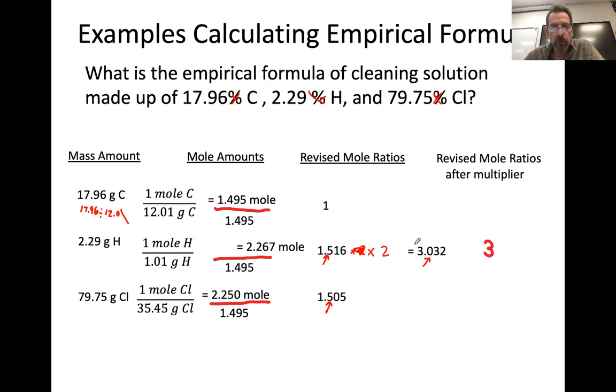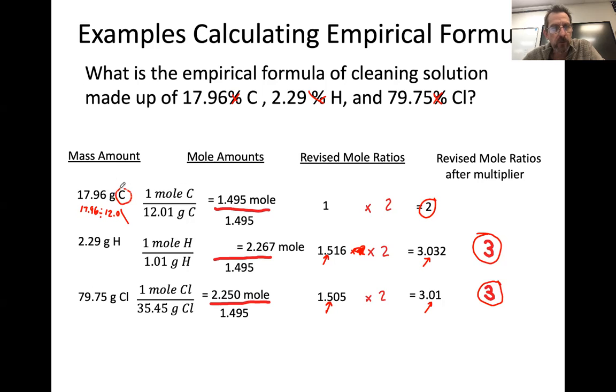1.505. Right? If I multiplied this one by 2, then all the other ones are going to need to be multiplied by 2. So the one on the bottom, I multiply by 2. I get, oh, that's within 1/10. We'll accept that as the value 3. And then the top one, I'm going to have to multiply by 2. And we get 3 whole numbers now that we can use to write our formula, a 2 to 3 to 3 ratio, and we relate it to the elements.